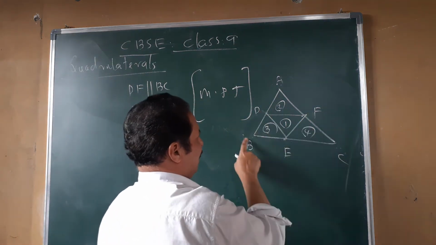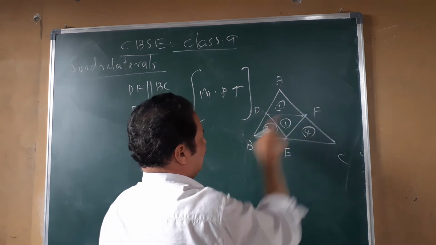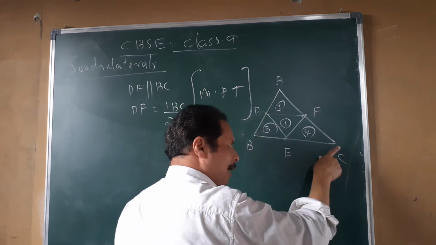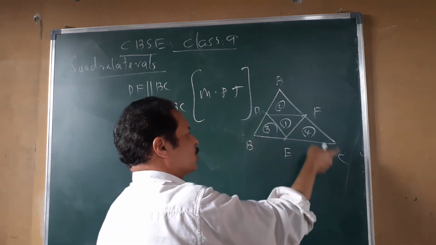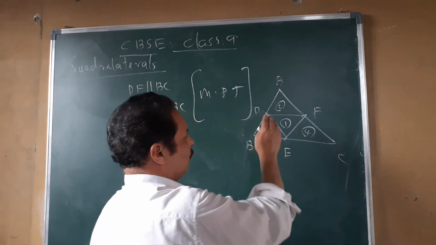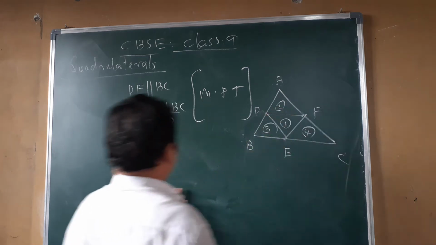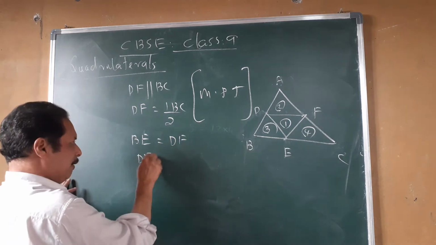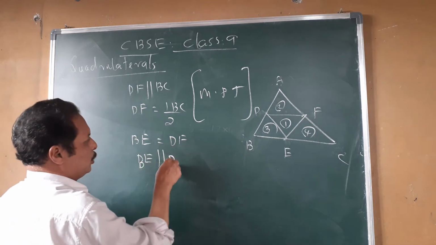So DF is equal to half BC, DF parallel to BC. DF is half BC, BE is also half BC. Both of them are half of BC, means both of them are equal. That is BE equal to DF and BE parallel to DF.